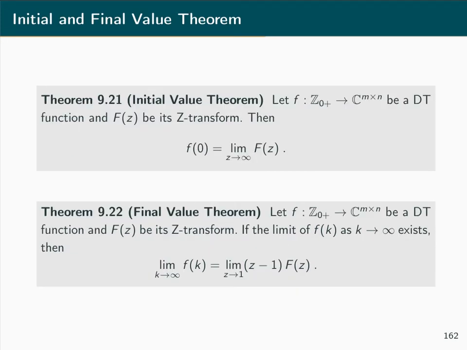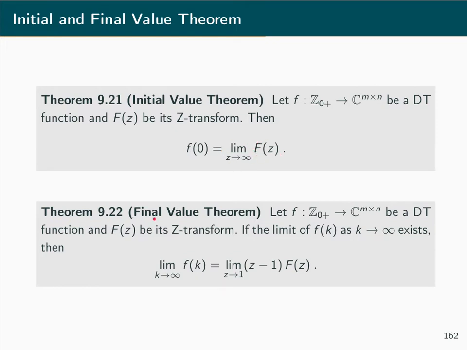Analogous to the Laplace transformation, for the z transformation, we also have an initial and final value theorem. The initial value theorem states that if lowercase f is a discrete time function and uppercase F is its z transform, then f of 0 is given by the limit of z going to infinity of F of z.